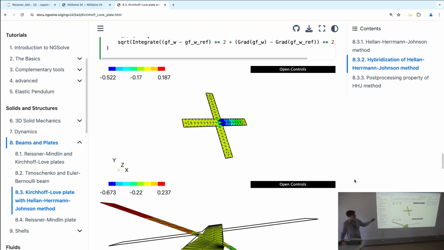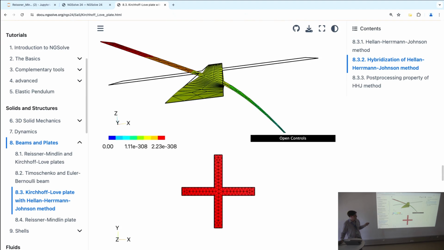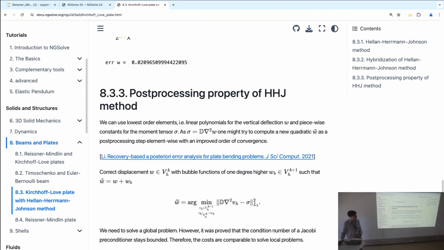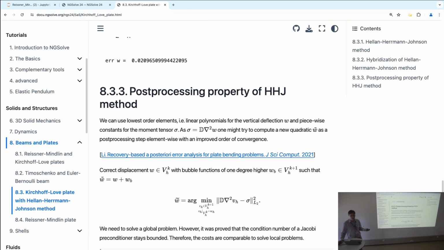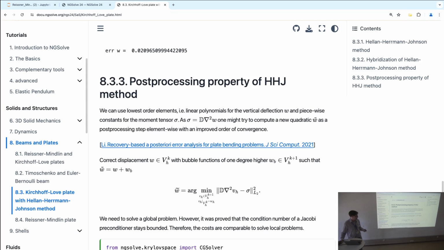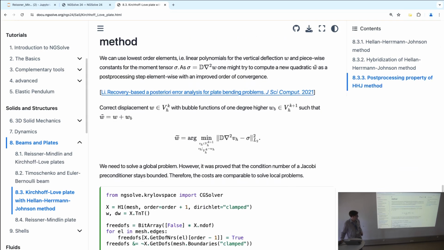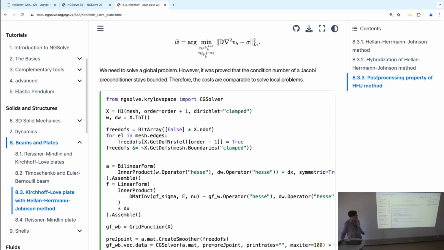But on the other hand, the bending has information about the Hessian of the deflection. So the question is, can we do something better? For the Hellan-Herrmann-Johnson method, for example, we can also do a little post-processing, solving local problems to get an improved displacement afterwards. But I won't go into the details here.